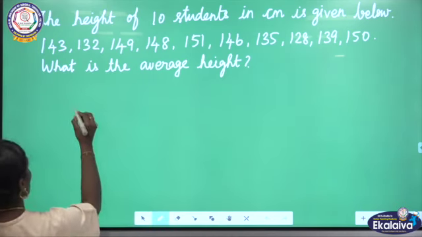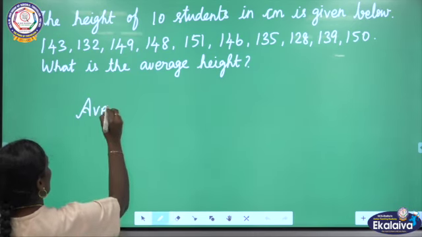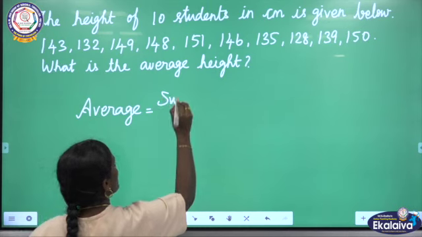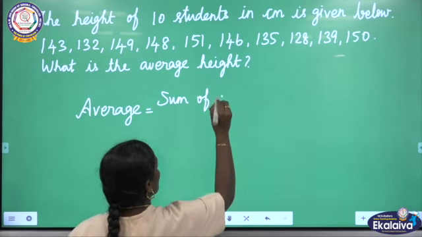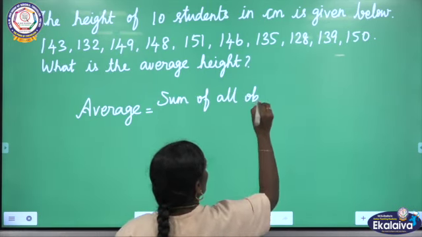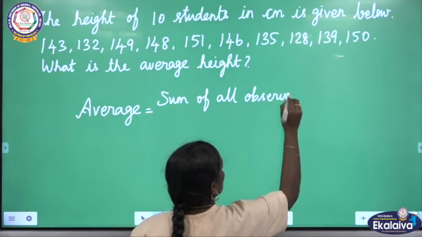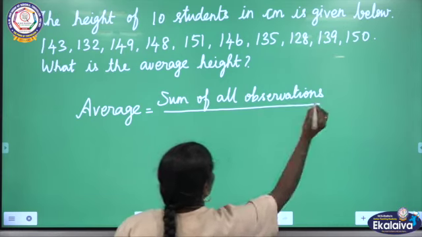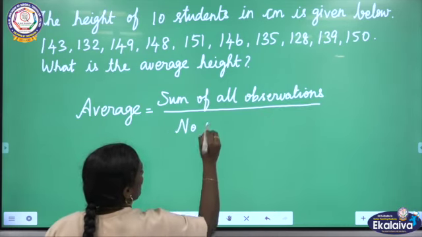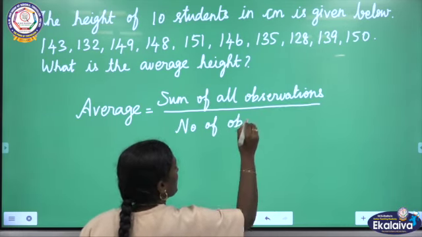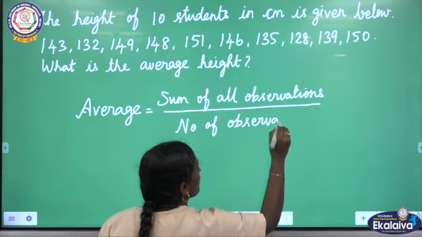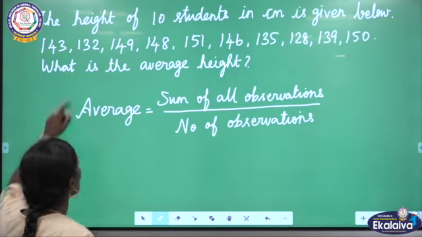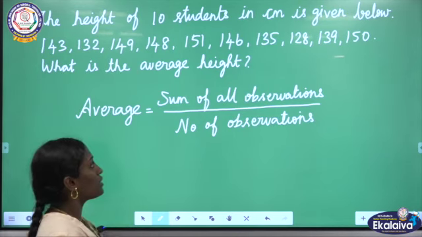So what is the formula to find the average? Average is equal to sum of all observations divided by number of observations. To find the sum of all observations, we have to add the 10 students' height.